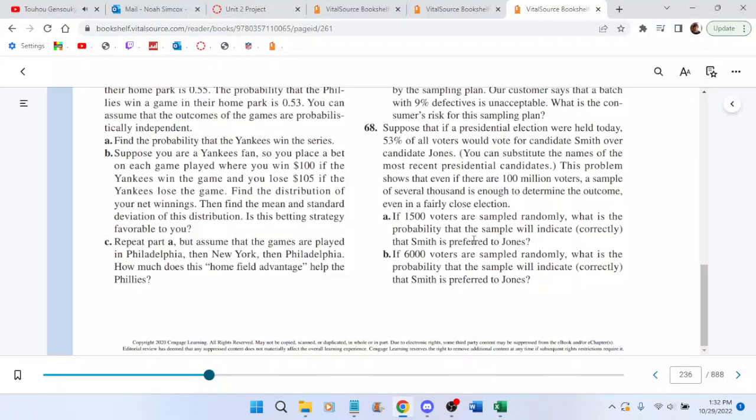Yeah, but I hate this so much. I hate this because I don't know if I'm supposed to do 50 or one more than 50%, because if he's preferred, that means there's not going to be a tie.